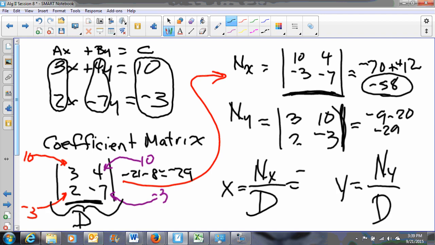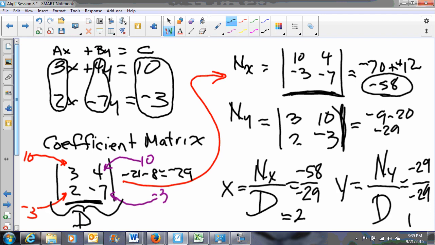So n sub x, negative 58, over big D, which is negative 29. If you multiply negative 29 times 2, you get negative 58. So Cramer's rule is saying that x in this case is going to be 2. Now, n sub y is negative 29, and big D is negative 29, so we get 1 for y.